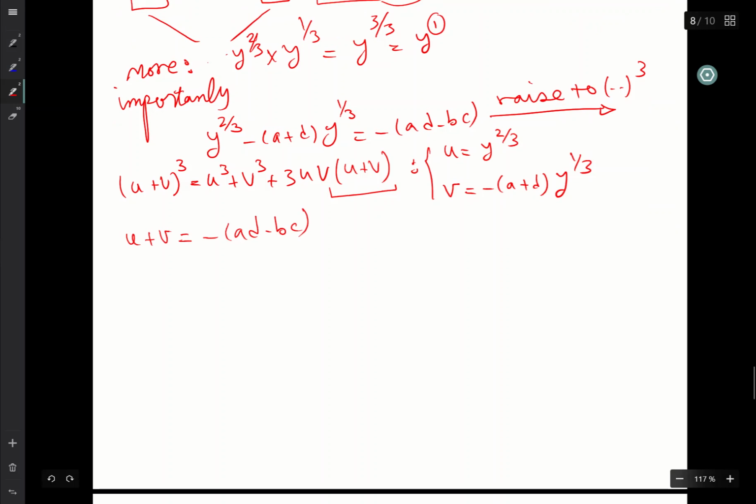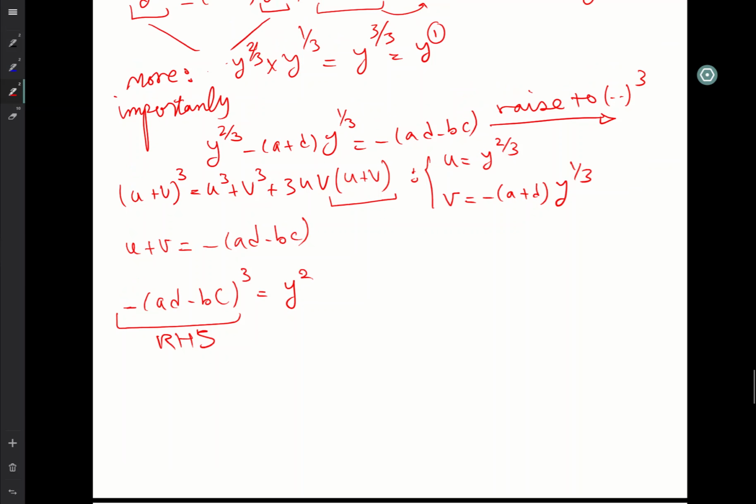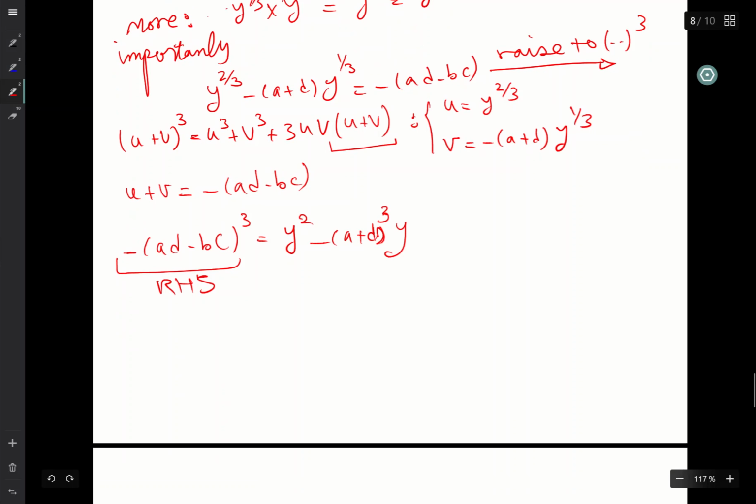So if I raise the whole thing to the third power, I end up with minus (ad minus bc) cubed. This is the right hand side of that equation, and the left hand side is u cubed, y squared, plus v cubed, minus (a plus d) cubed y. Okay, this is great.